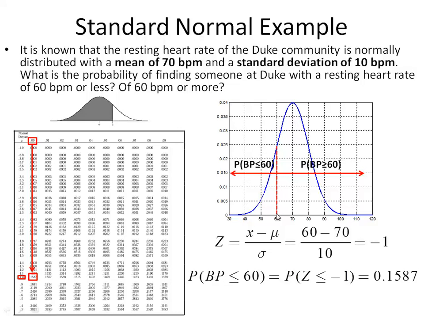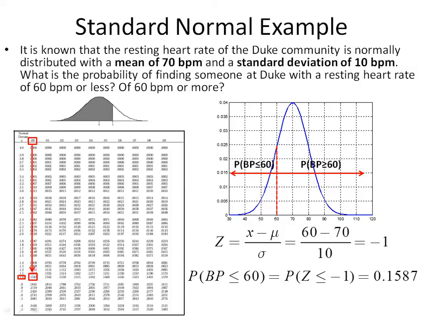That also corresponds to the area under the curve for beats per minute being less than 60. So this part right here to the left, the area under the curve is 0.1587. So that means you have a 15.9% chance of finding a person with a resting heart rate of 60 beats per minute or less.